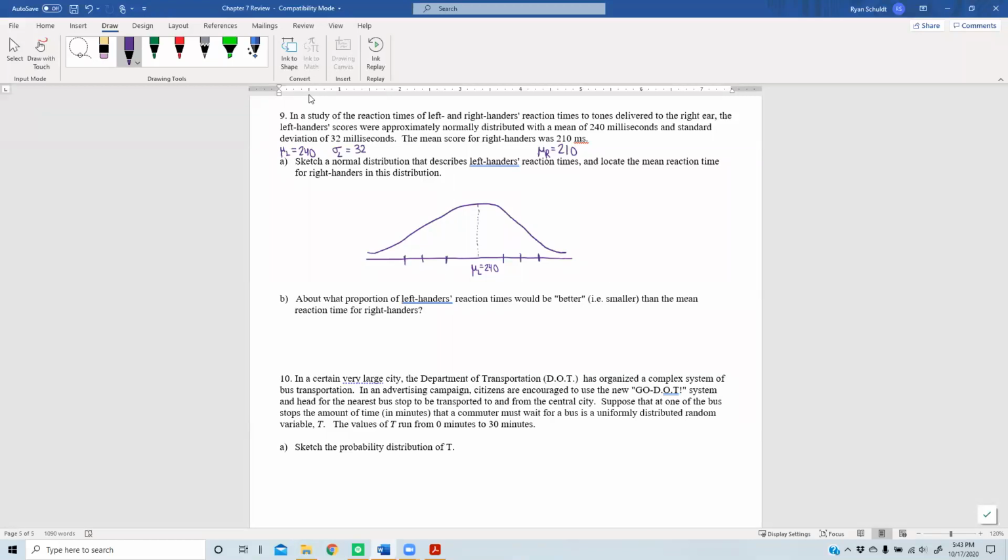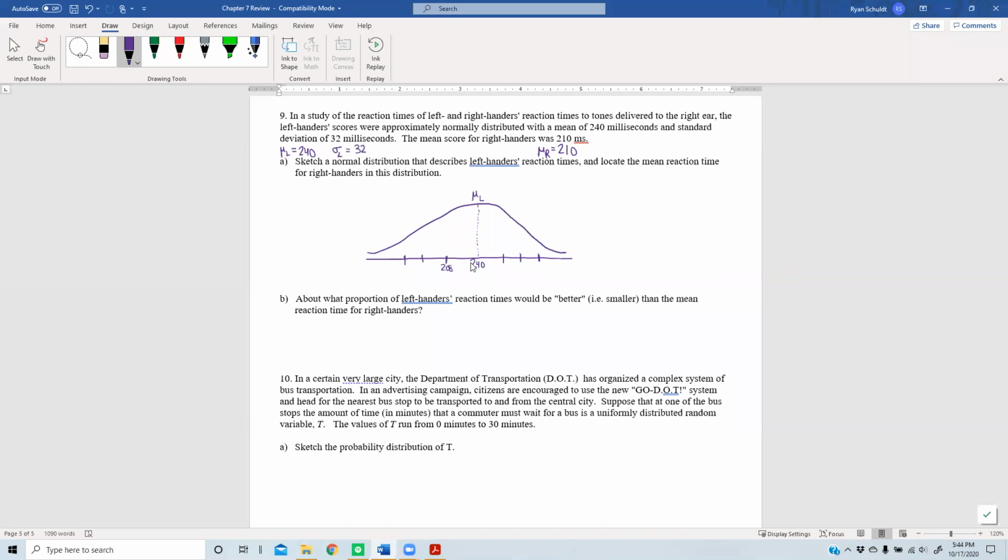I'm going to rewrite this for a second. So μL is right there. There's 240. Each one of these tick marks is a standard deviation. So this is 208.